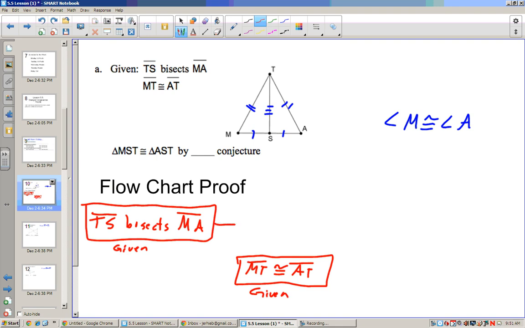Now, from knowing that TS bisects MA, we were able to find out another piece of information, that MS was congruent to SA. And that was because that's the definition of a bisector.